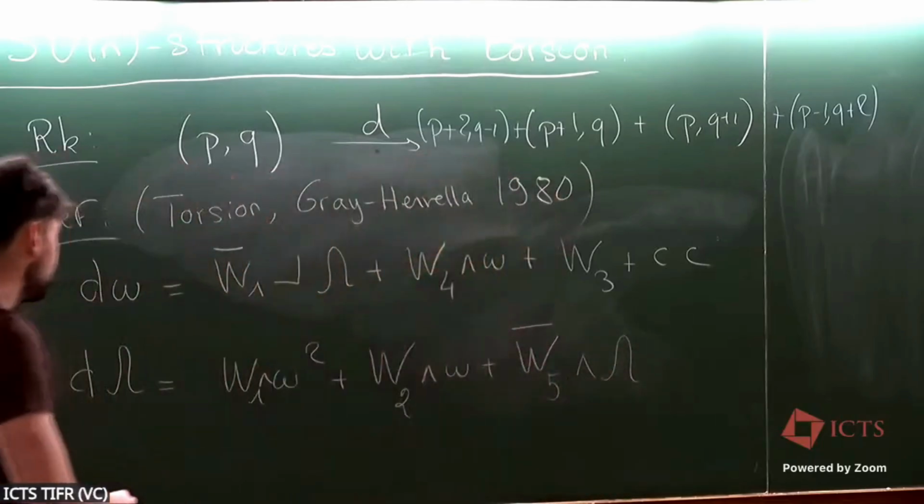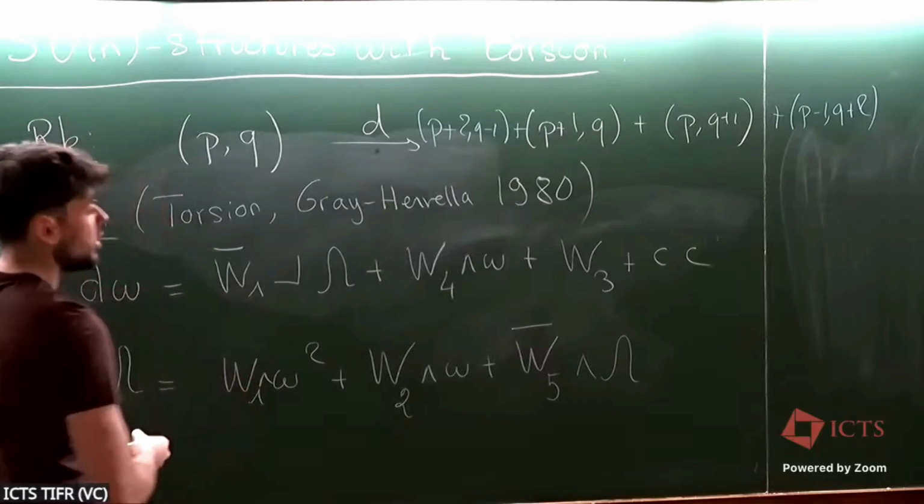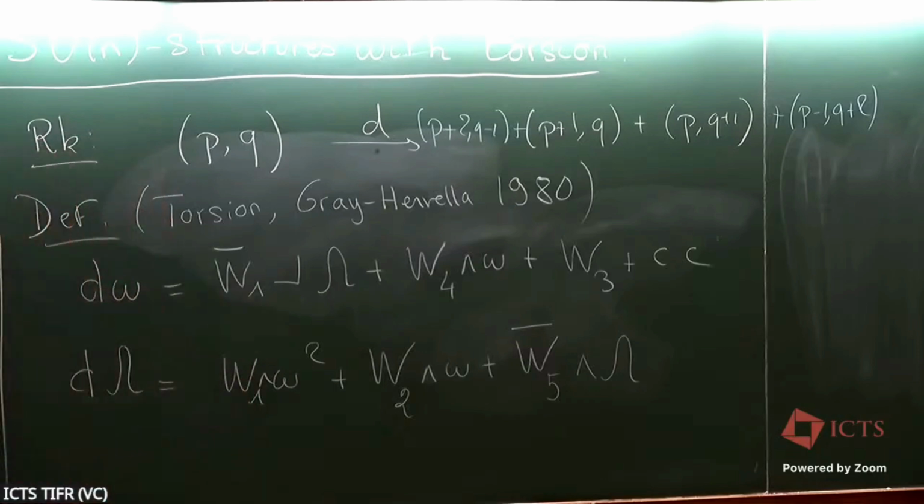So there are many different terms here. You have the W_i. The W_i are known as the torsion classes of my structure, and each of them has a particular form.